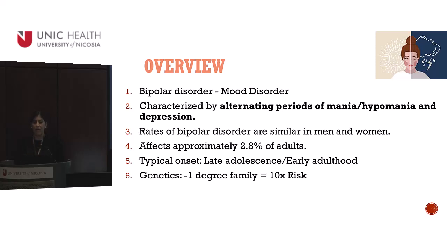Genetically, there is a link between a family history of the condition and an increased risk of developing bipolar disorder, with studies suggesting up to a 10-fold increase in risk if a first-degree family member is affected.